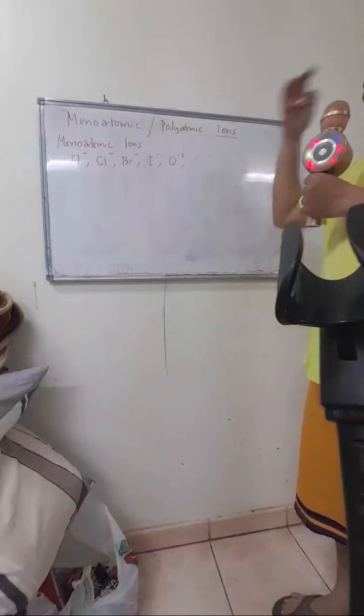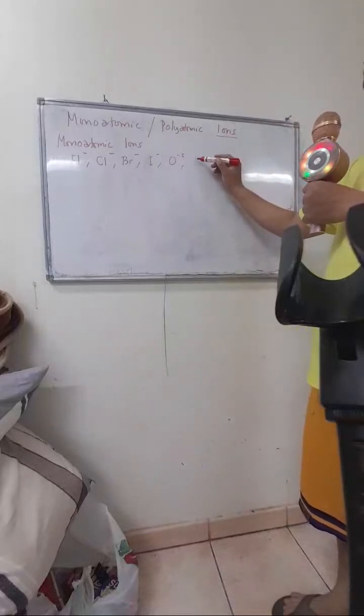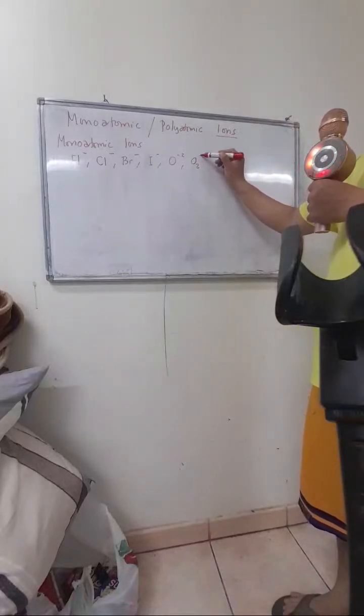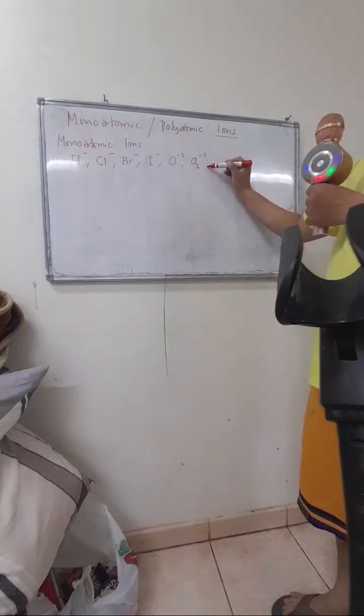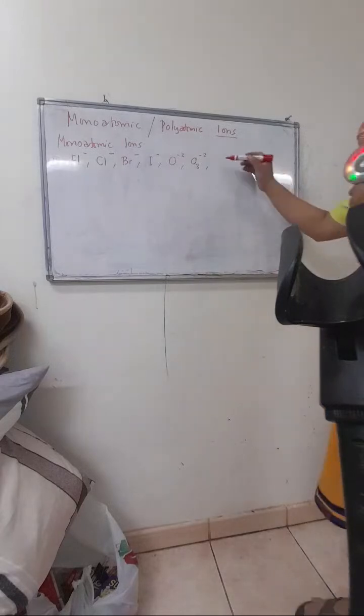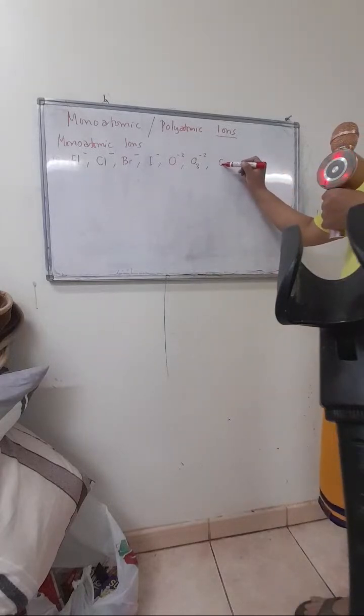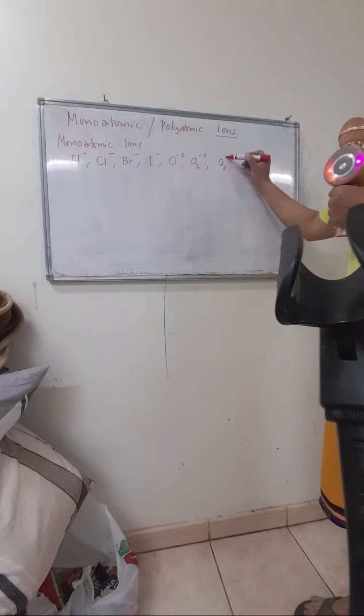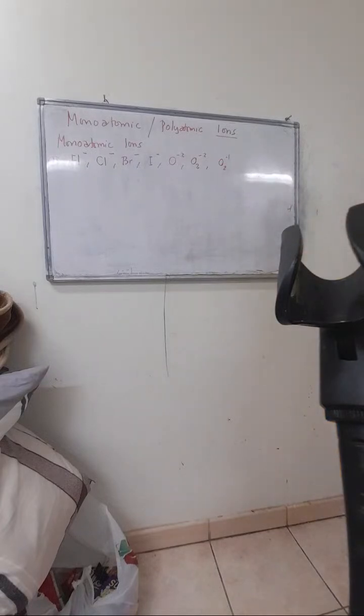Okay, that's gonna be like that. Peroxide, -2. Okay, you get the point. And superoxide, O2 -1. Correct me if I'm wrong for the superoxide.